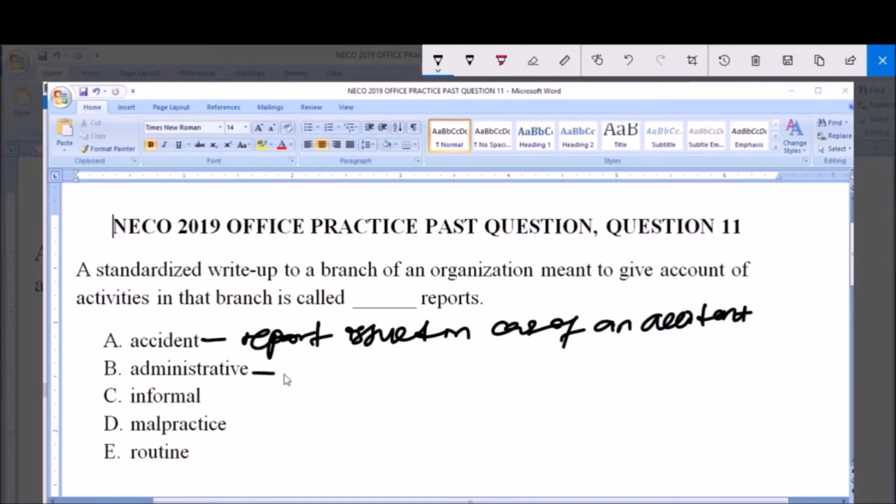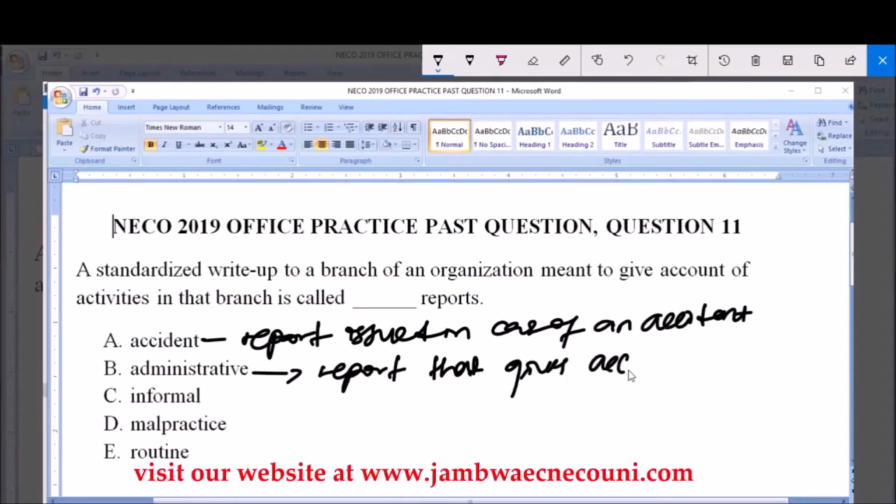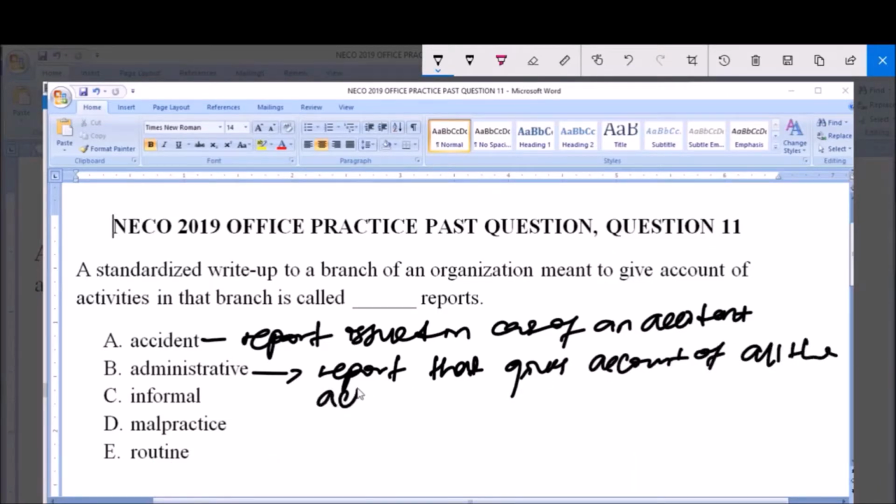Now B here says administrative reports. Administrative reports are reports that give accounts of all the activities occurring in an organization.